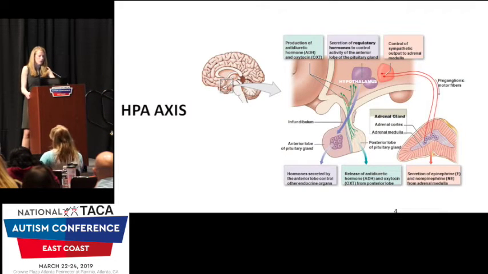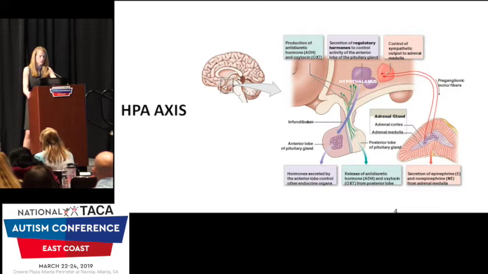So first, the HPA axis. This involves the hypothalamus that's going to release a hormone known as corticotropin releasing hormone. This will then stimulate the pituitary gland to release something known as ACTH that then can go to the adrenal gland in order to produce the catecholamine response with epinephrine and norepinephrine, as well as cortisol.